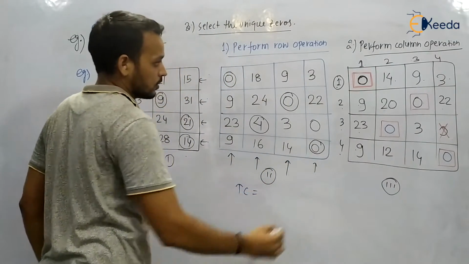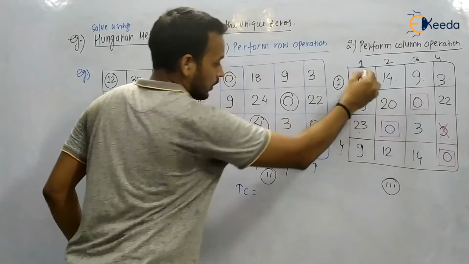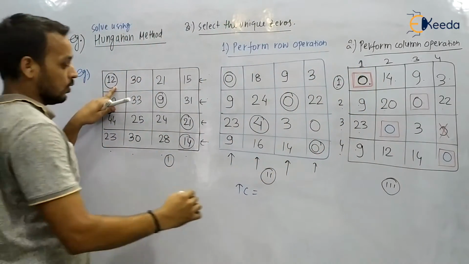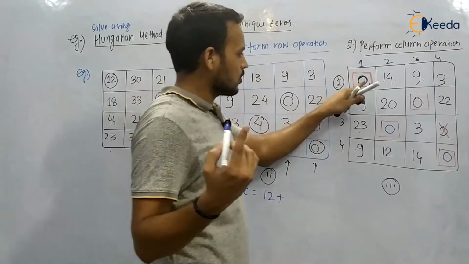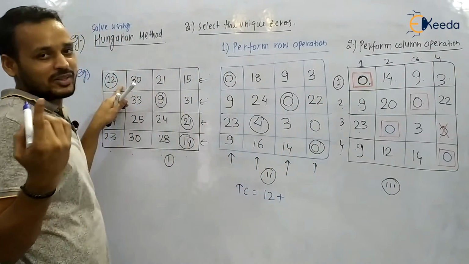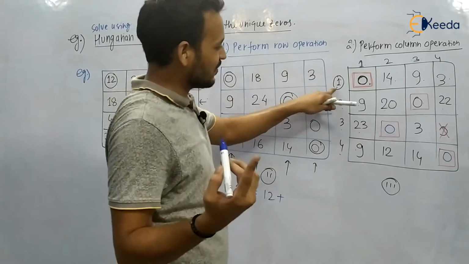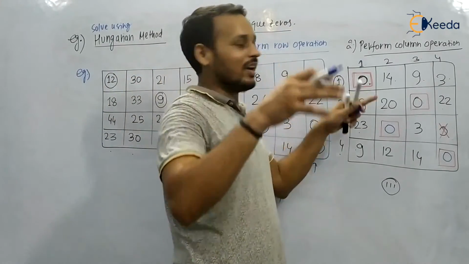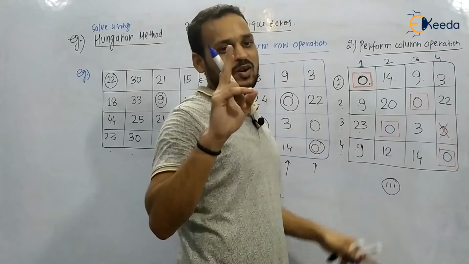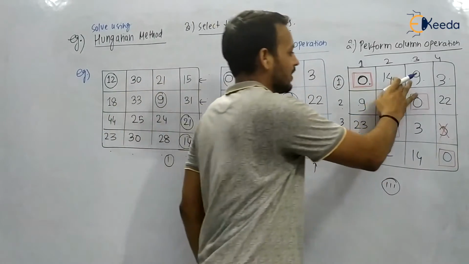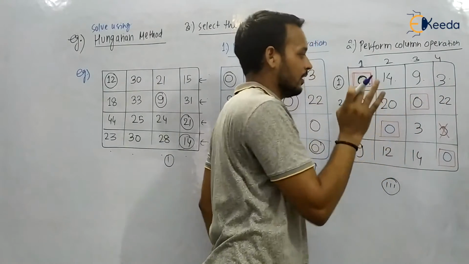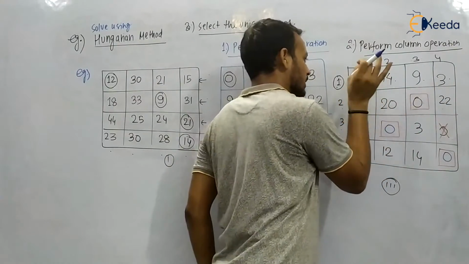So the transportation cost is going to be, look here, zero in the original matrix is 12, and xij is 1, so 12 into 1 is 12. This zero means this factory has supplied all its items to this destination 1, so the number of units is either 1 or 0; 0 means it has not been supplied, xij equal to 1 means it has been supplied.